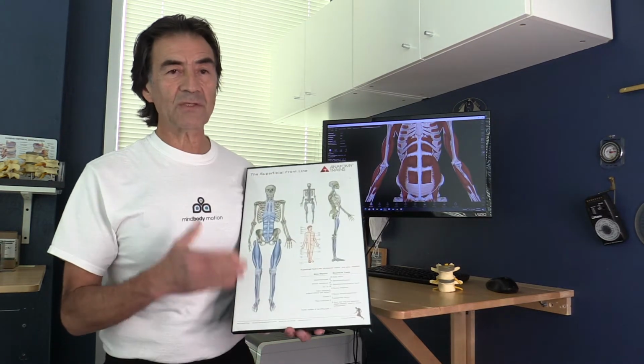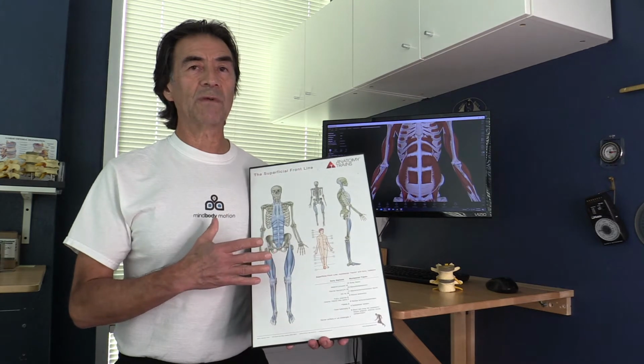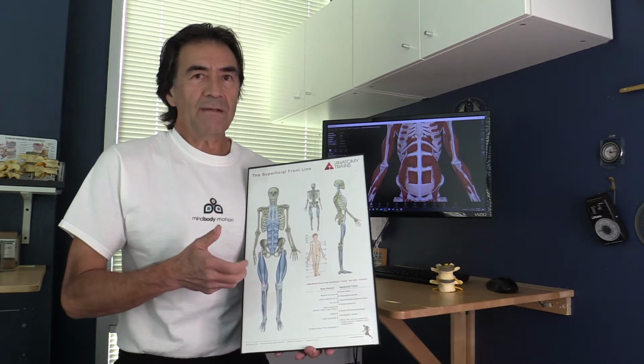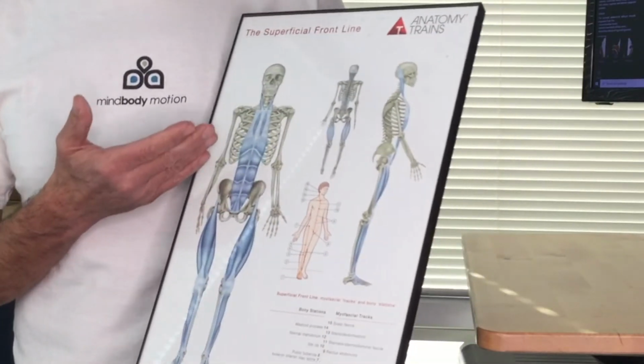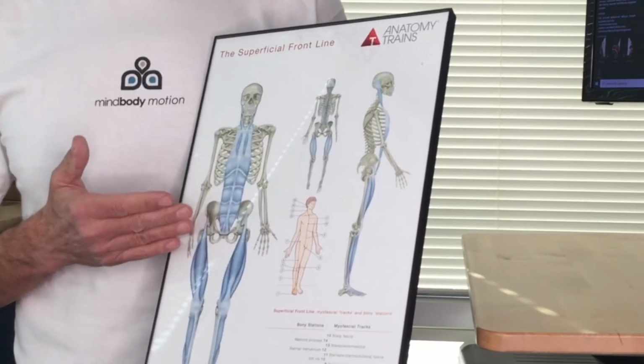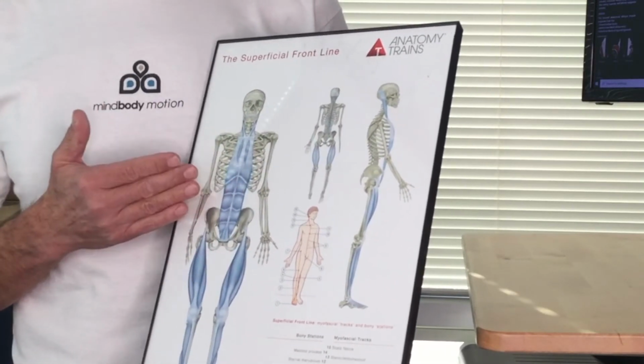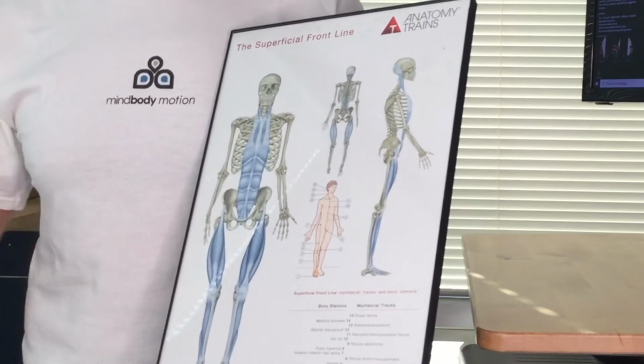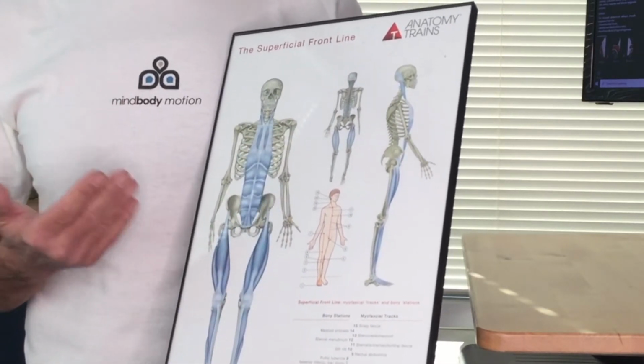So today in lesson 2, we're going to be working with the flexors of the body, and this is how the anatomical train line comes, the superficial front line; the superficial back line we did last week.